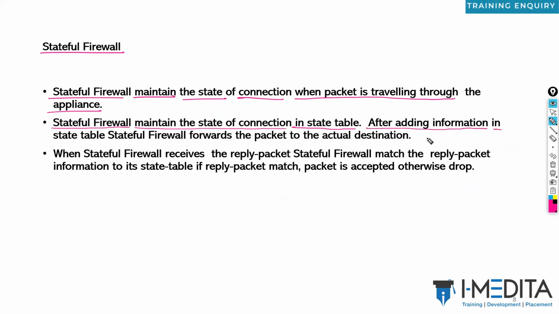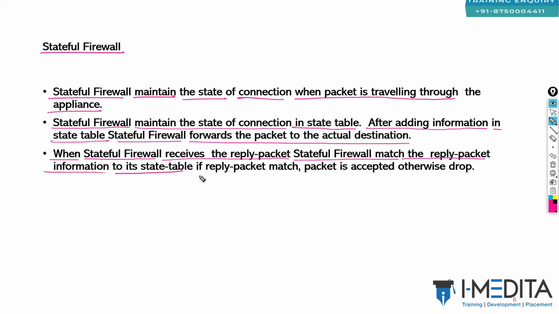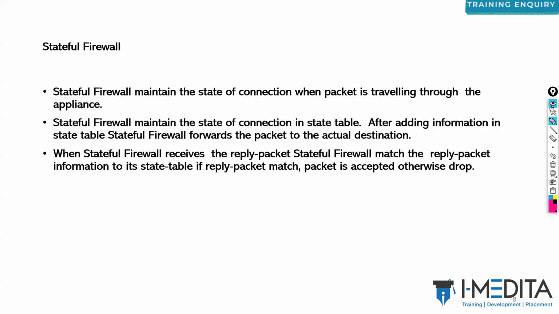After adding information in the state table, the stateful firewall forwards the packet to the actual destination. When the stateful firewall receives the reply packet, it matches the reply packet information to its state table. If the reply packet matches, the packet is accepted. Otherwise, the packet is dropped here. So whatever we have understood through the diagram, the same thing is mentioned here.